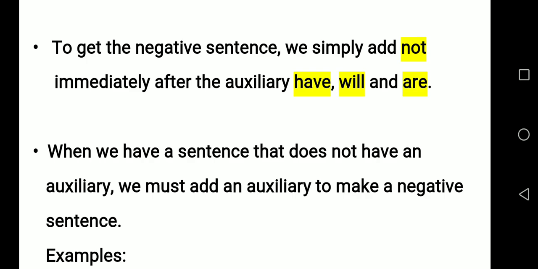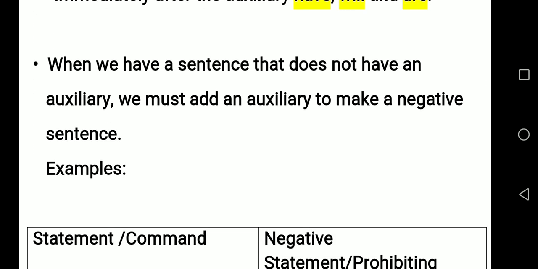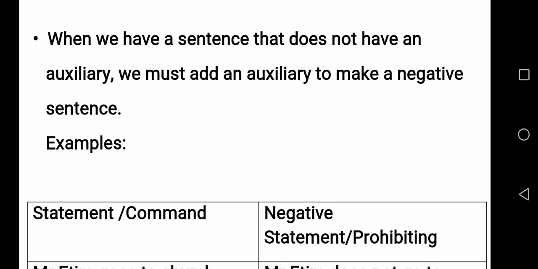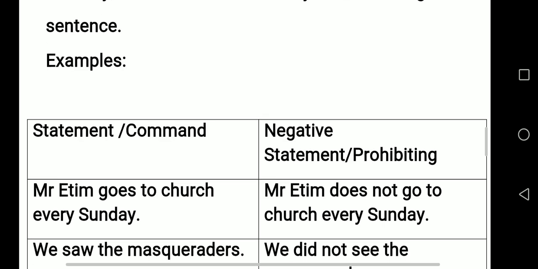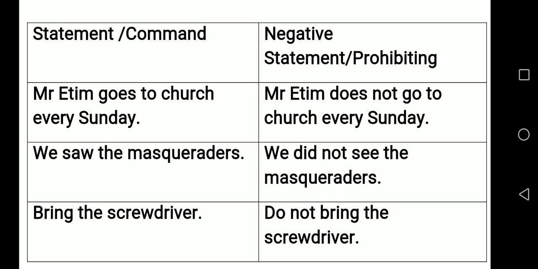In the sentences I gave as examples, we have the auxiliaries have, will, and are. But when we don't have an auxiliary in a sentence or statement, we must add an auxiliary. We also gave an example of a command, that we can make a negative sentence out of a command by adding do not.